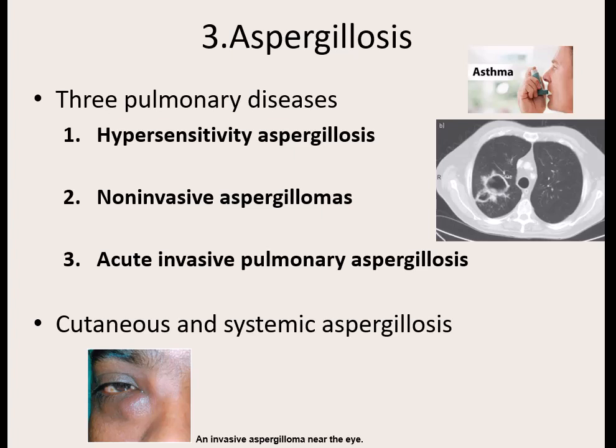You can still get non-invasive aspergillomas. This is usually reserved for immunocompromised. And so it can get out into the skin, and you can actually have growths of the tissue underneath the skin. So it looks like you've got these little growths underneath the tissue. It can also get in and start to grow on internal body systems, causing issues as well. Again, rare.